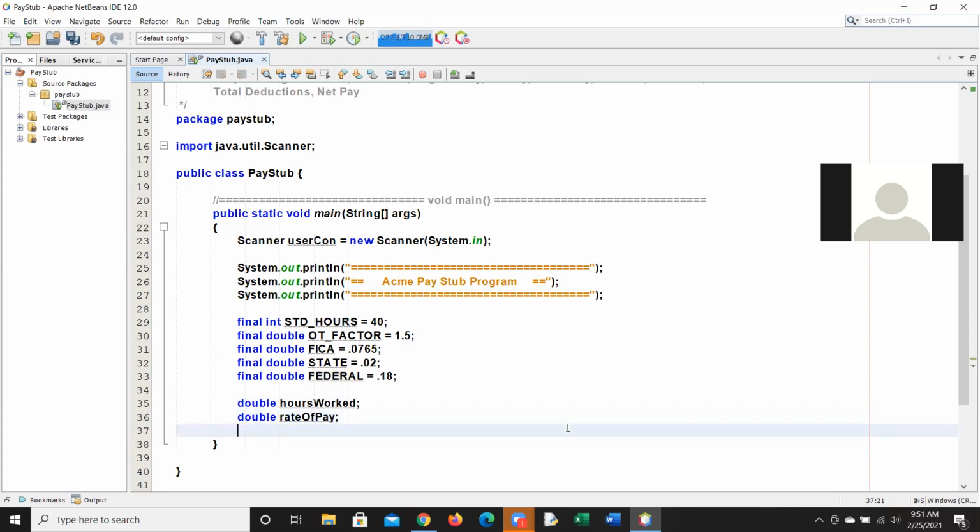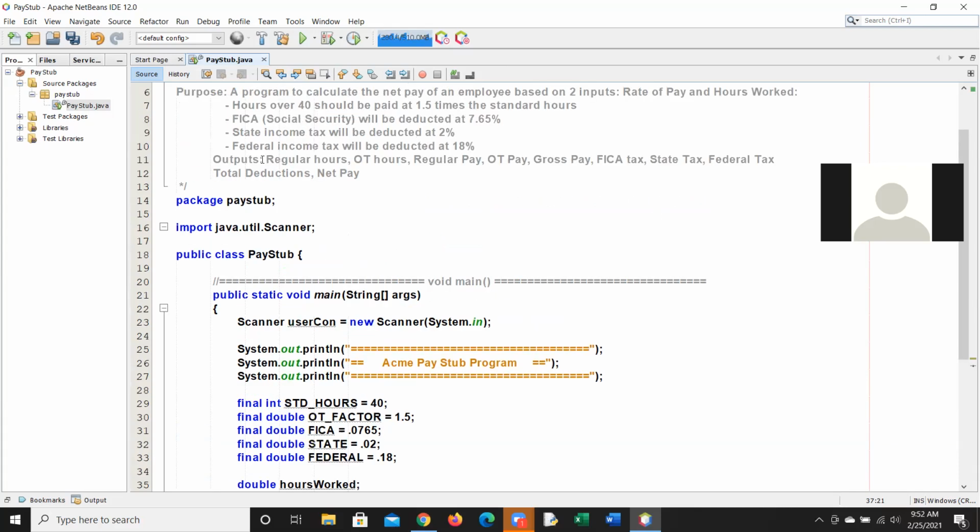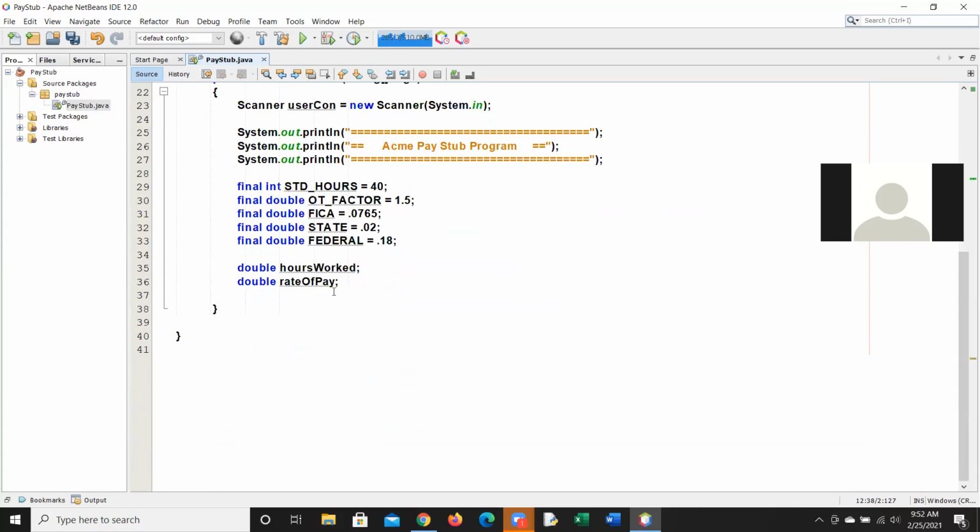And then how about other stuff? There's a big list, right? I need variables for every one of those. So you can just start. So then I'll have double regular pay. I'll have double OT pay. And then double gross pay. So I got my gross.